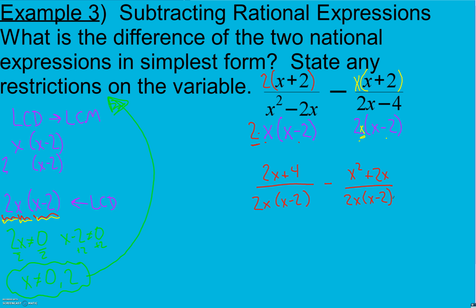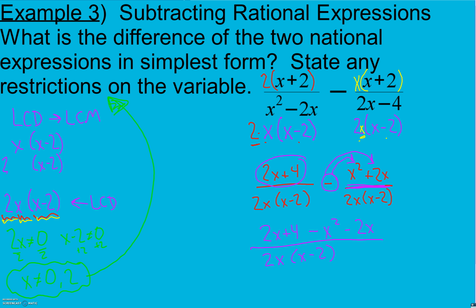The only thing that's going to be different now, guys, is that we have to remember that this subtraction goes to this whole thing. This whole second term, that whole second rational expression. So we need to distribute it to both pieces. I have 2x plus 4 from here, minus x squared minus 2x. We subtract this whole numerator, and that's all over my common denominator.